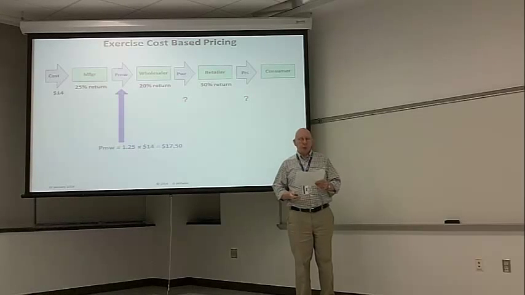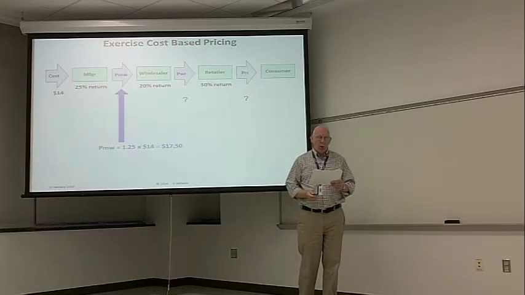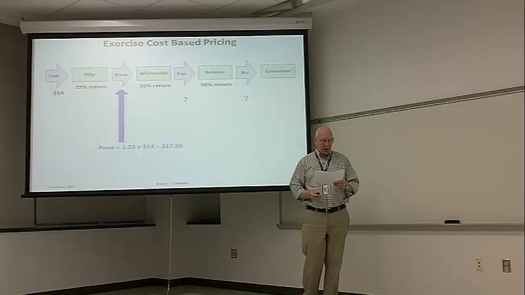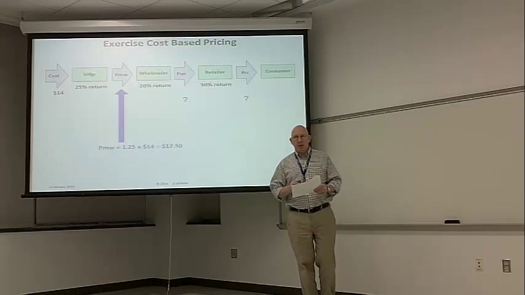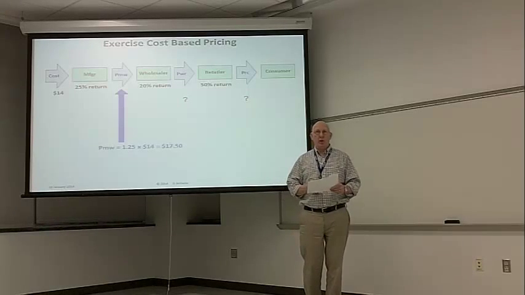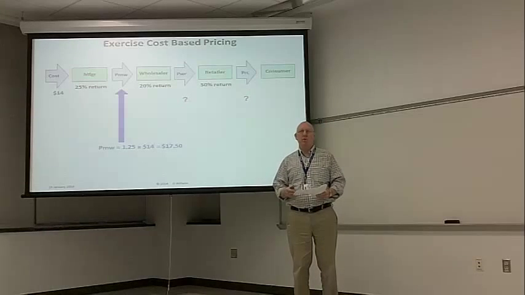The price from the wholesaler to the retailer is 1 plus the wholesaler's return times their cost, 1.2 times $17.50, or $21. I love it when the math comes out nice and even.